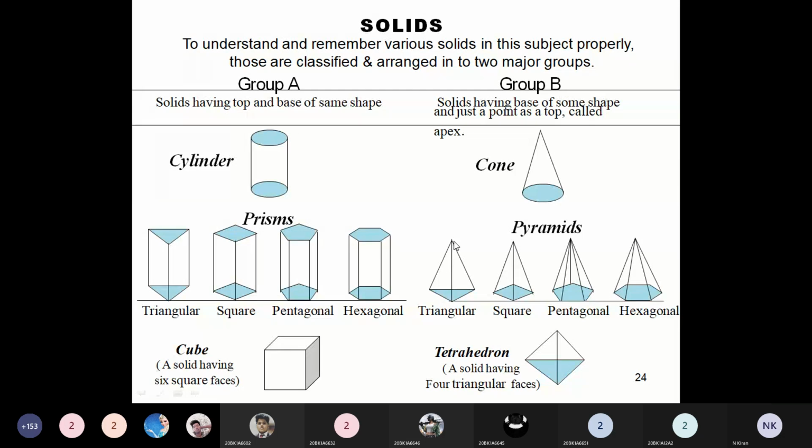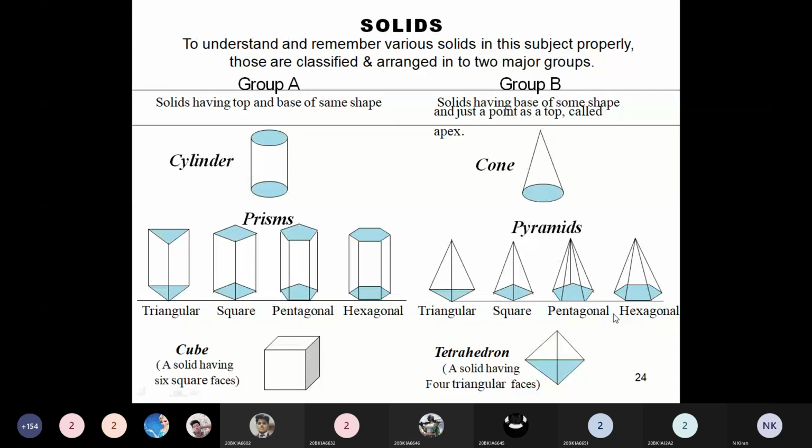So it will have a single point. All these lines which are joining, at the bottom you will have a triangular shape, but at the top you will have a single point. Similarly, a square pyramid will have four sides at the bottom and a single point at the top. And a pentagonal pyramid means at the bottom you will have a pentagon shape, and at the top you will have a single point where the lines join. And hexagonal also the same.